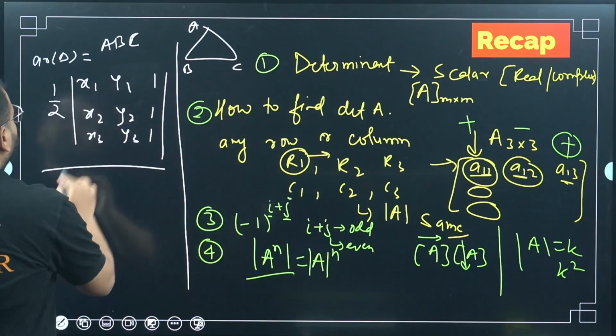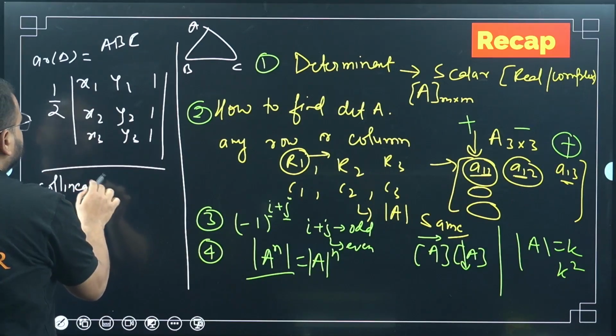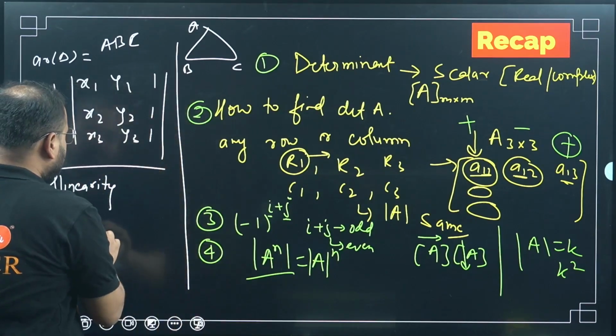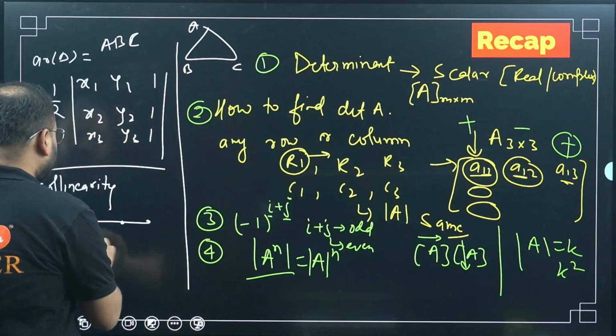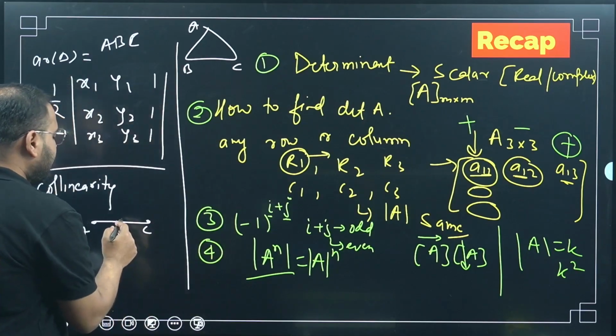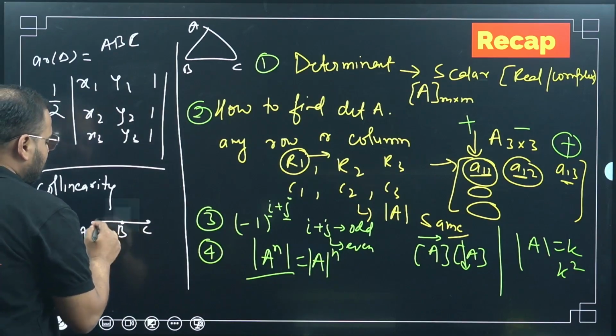Now we also learned about collinearity. What is it? Means if there are three given points on the same line. If the points A, B, C, instead of being like this, if this point B is anywhere above the line AC, then it will become a triangle, right?